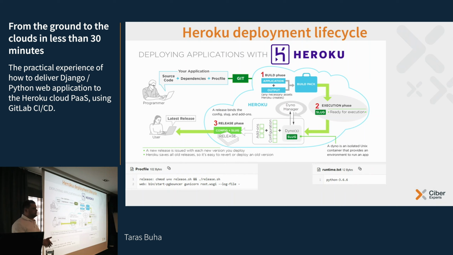After that, when you do a push into the Git repository as part of Heroku, everything is done automatically and handled by Heroku. This stuff is located inside the cloud, so some magic is going on under the hood.